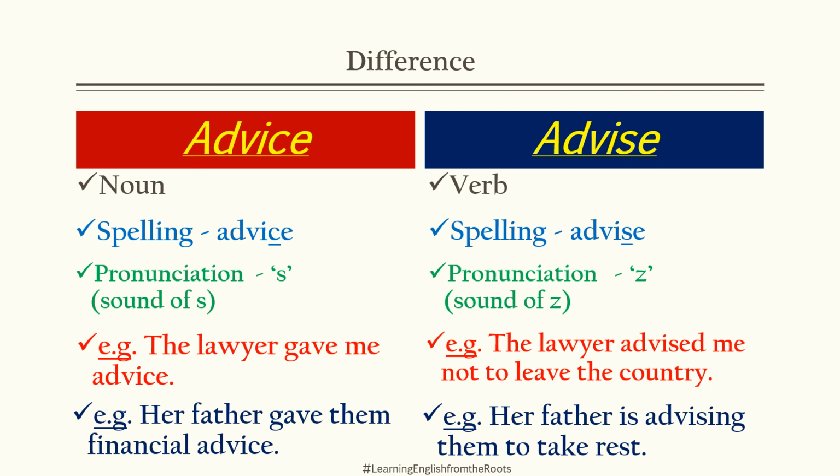So what action is the father doing? Father is advising them. So over here, advising is a verb. And look at the difference in the pronunciation also. In the first sentence, it is advice, and in the second one, it is advising. That is the major difference.